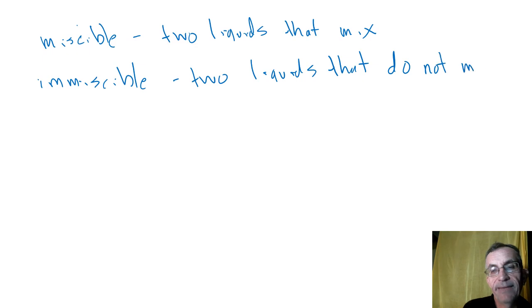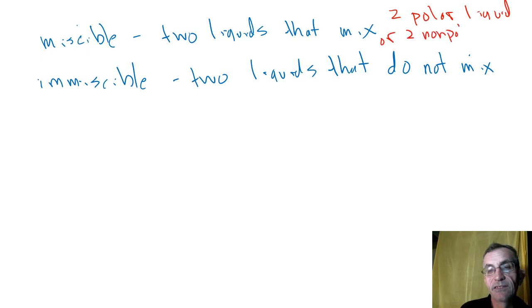Now, why are you going to mix or why aren't you going to mix? It has to do with what we talked about earlier: like dissolves like, mixes with like. Miscible things happen if you have two polar liquids, or it could be two non-polar liquids.